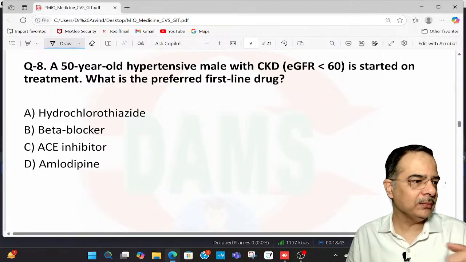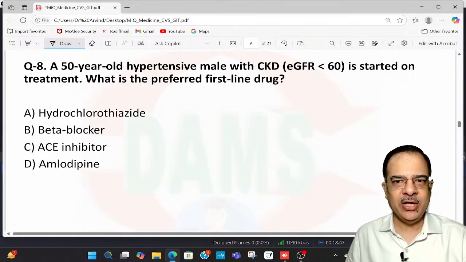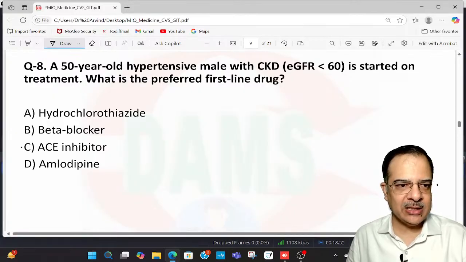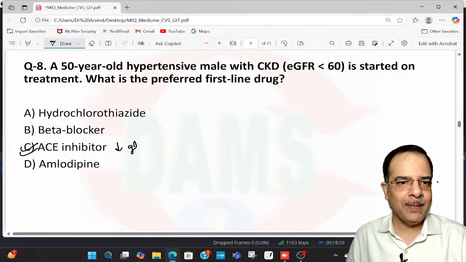Now, coming to the 50-year-old hypertensive male with CKD, eGFR less than 60, started on treatment. Which is the preferred agent in this condition? In CKD, the treatment of choice for hypertension is an ACE inhibitor. The reason is it decreases glomerular hypertension.